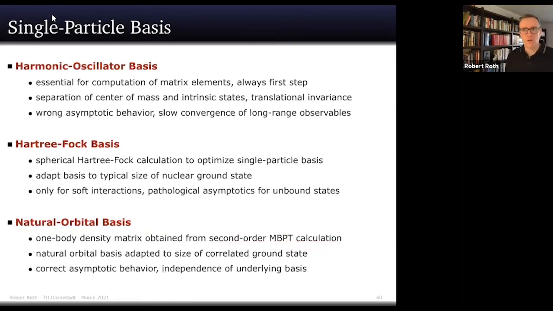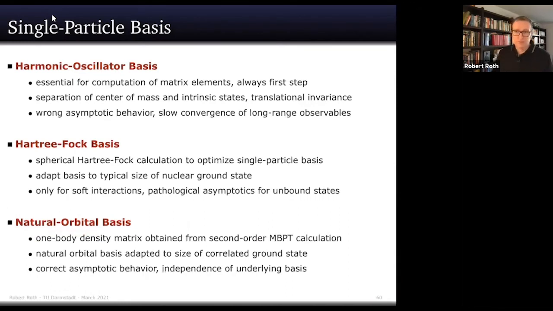Hartree-Fock also gives you a density matrix, which has a very simple structure. And you can correct this density matrix for correlation effects through perturbation theory. And then you use the eigenstates of this density matrix as basis. The eigenstates of the one-body density matrix are called natural orbitals, and therefore this name.